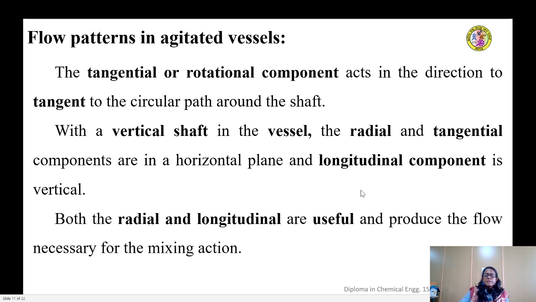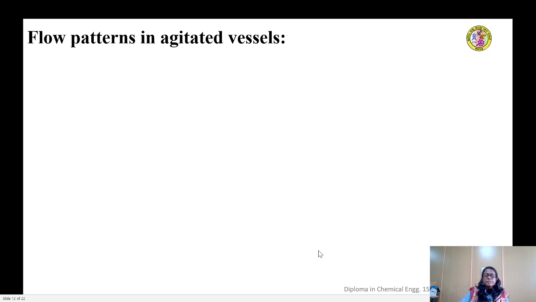That is the reason the longitudinal component helps in creating axial flow, and the radial and tangential components help in creating radial and circular motion of the liquid. Both the radial and longitudinal components are useful and produce the required kind of flow pattern for the mixing action to take place.